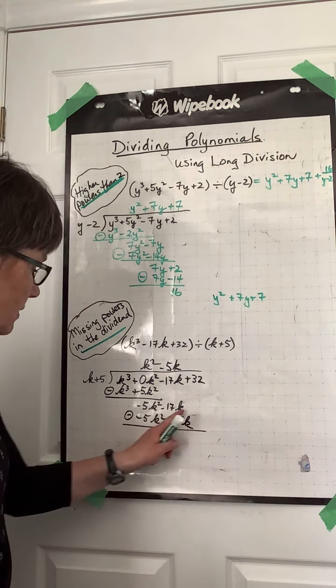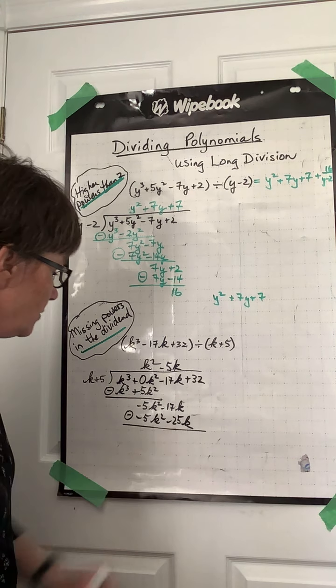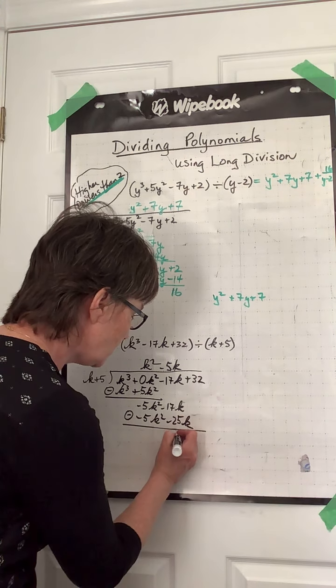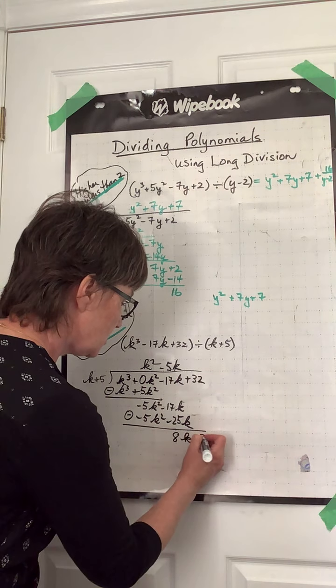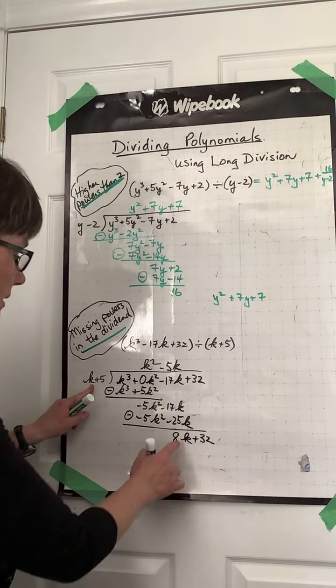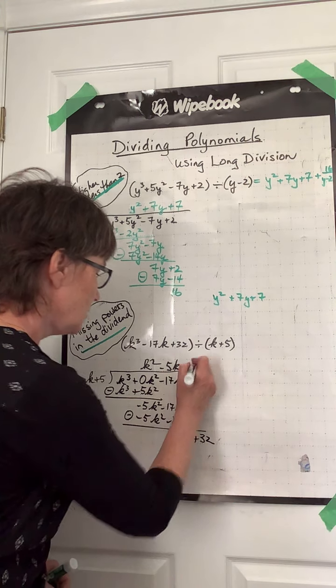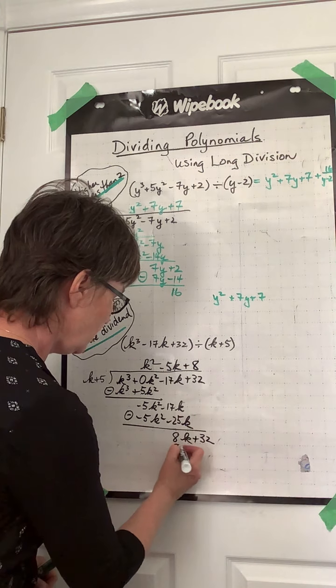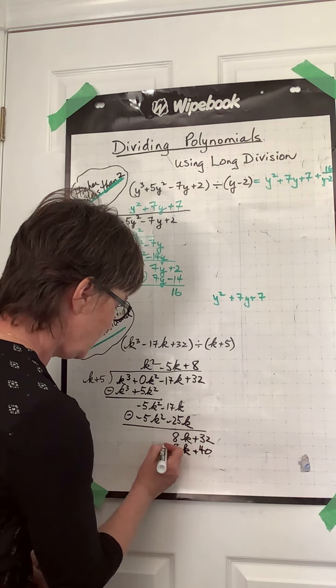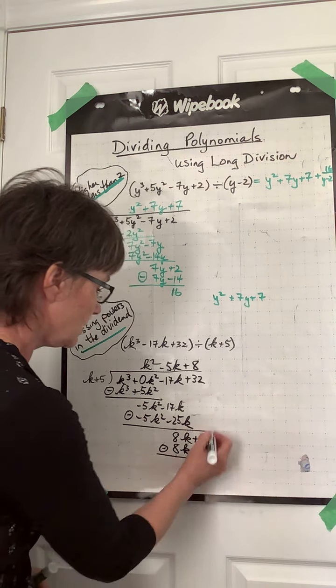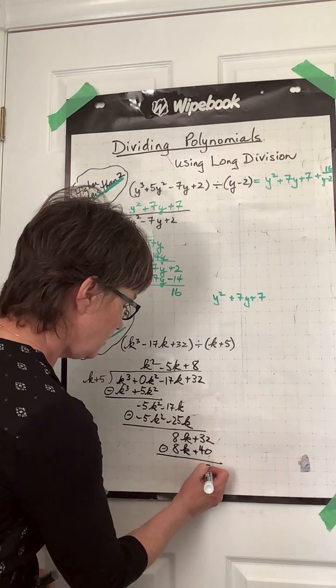So negative 17k subtract a negative 25k is like adding 25k. So that gives us 8k here. Bring down the next term. K into 8k is plus 8. Multiply that out. 8k, 40, and subtract. That equals 0. This equals negative 8.